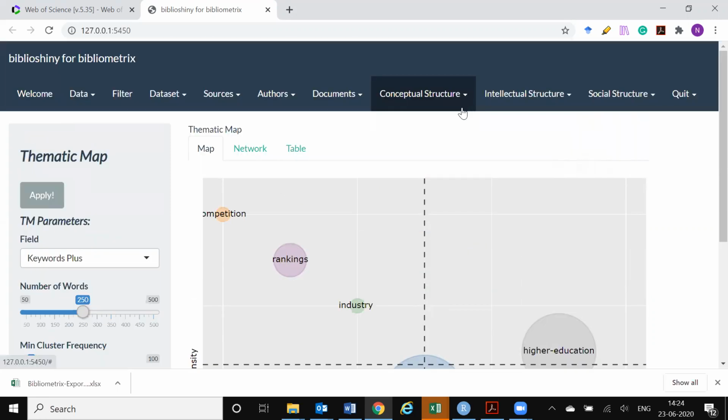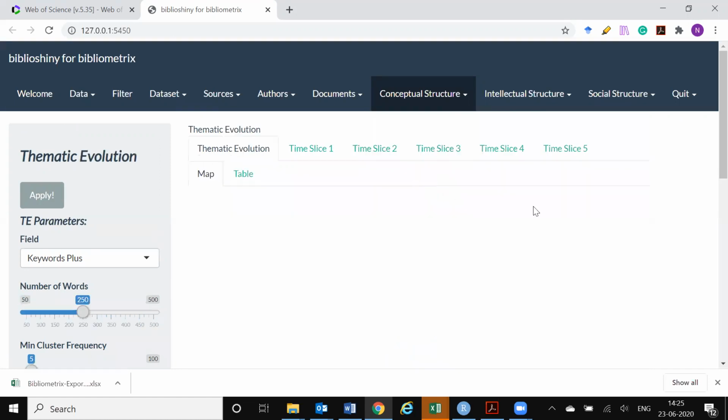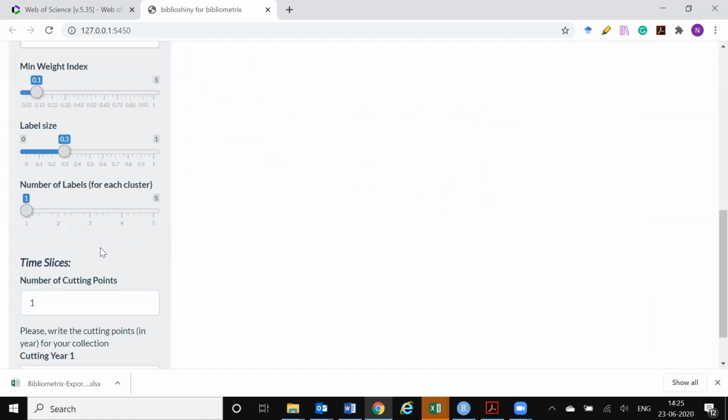The next thing which is covered is the thematic evolution. Here you get to see how various themes have evolved over a period of time within the area of your study. You can have different time slices here.